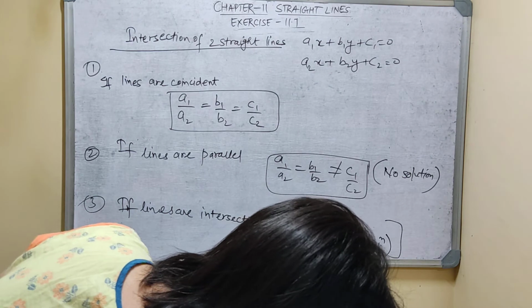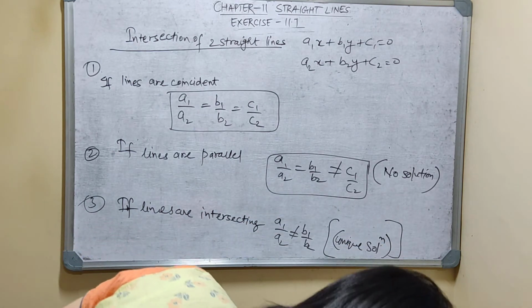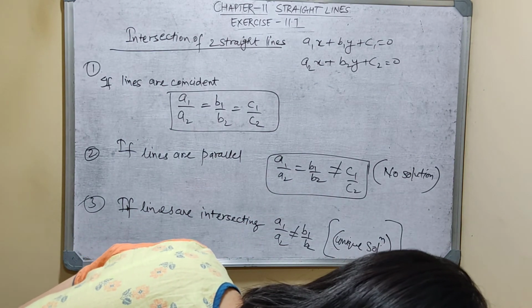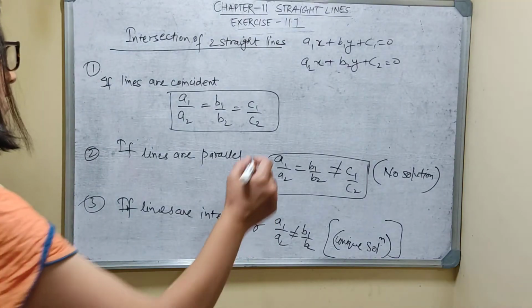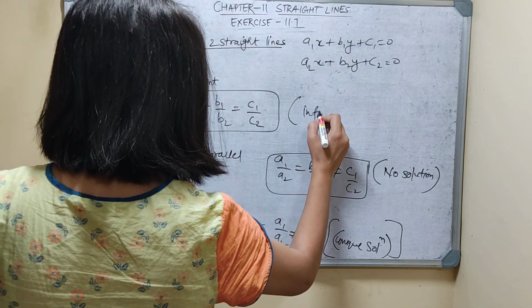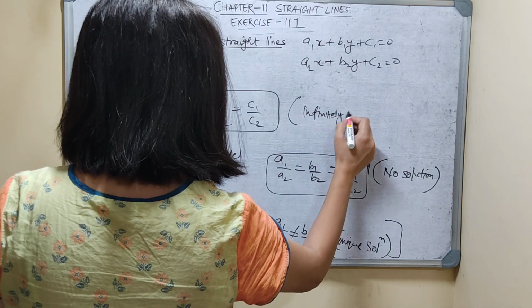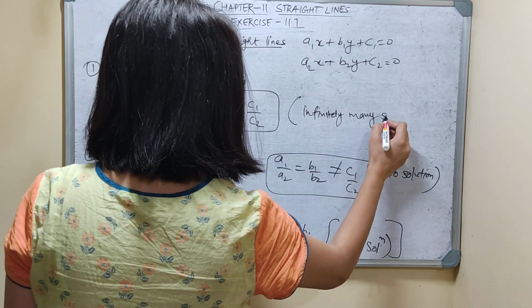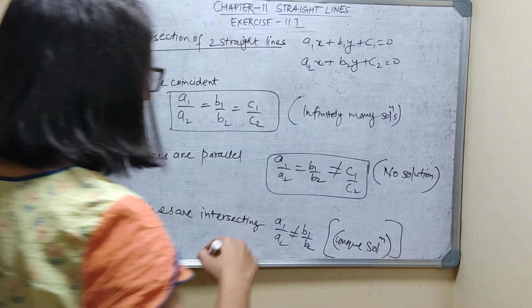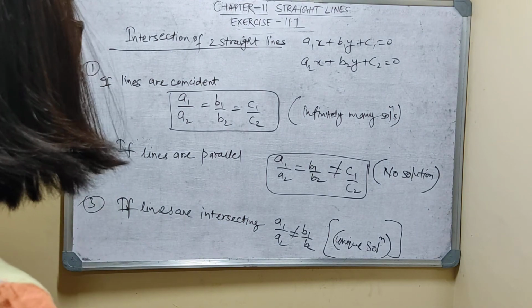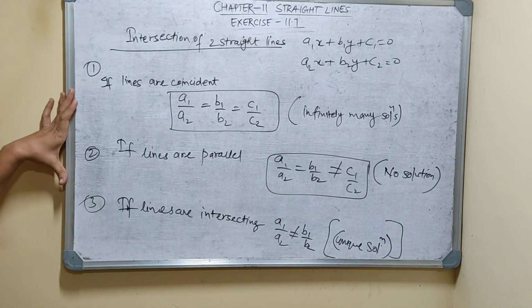And in the third case, when a1 upon a2 is equal to b1 upon b2 is equal to c1 upon c2, you will get infinitely many solutions. These things you have to keep in mind while solving the questions.